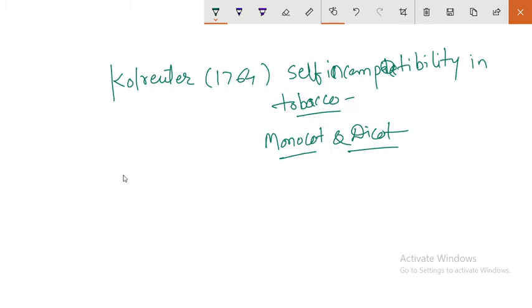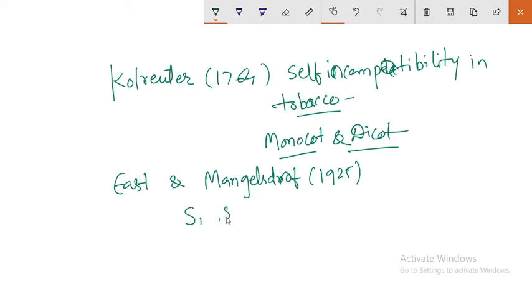Then the scientists East and Mangelsdorf in 1925 discovered a number of alleles, S1, S2, S3, S4, S5 and so on up to Sn.